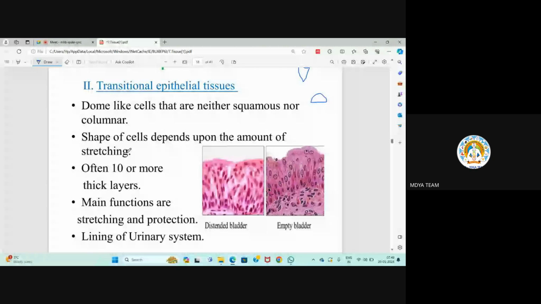I think you all have felt that it becomes a bit larger when we are not passing urine for a longer time, because the urinary bladder is stretchable. And why is the urinary bladder stretchable? Because of this transitional epithelial tissue present there.